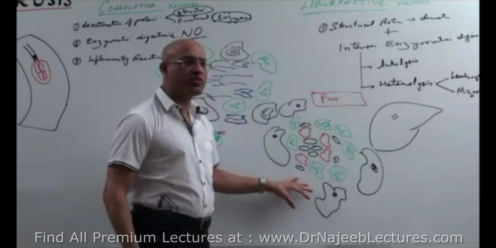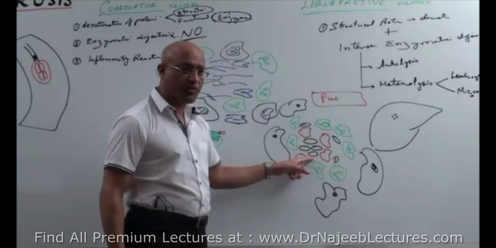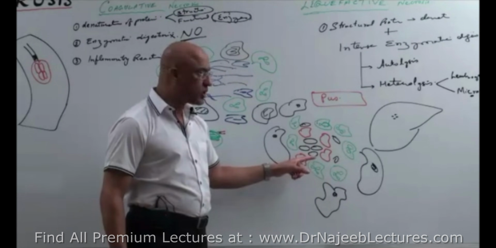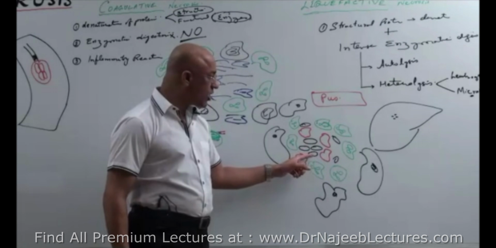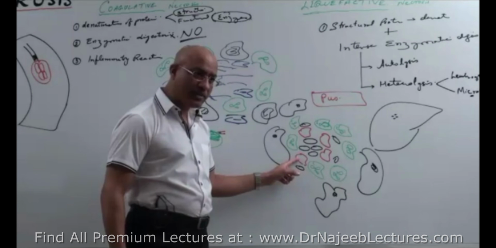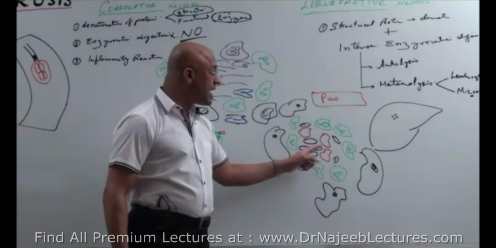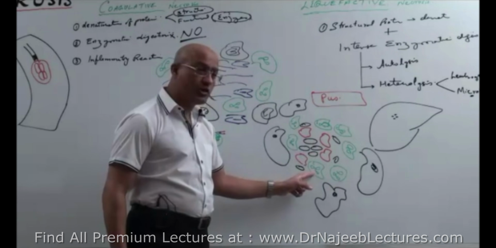What I tell you, in the process of formation of pus, what really happens: there is acute inflammation, severe injury, usually by, for example, pyogenic organisms. And these organisms produce severe damage to the local cells. And the injured cells and pyogenic organisms call neutrophils.